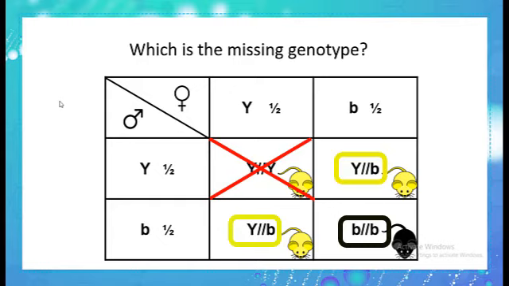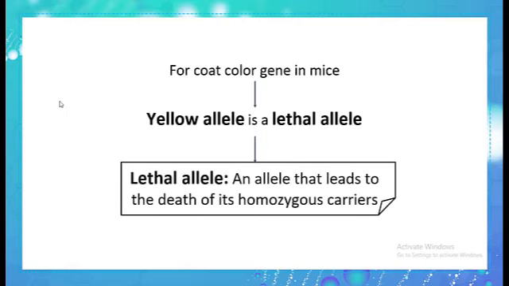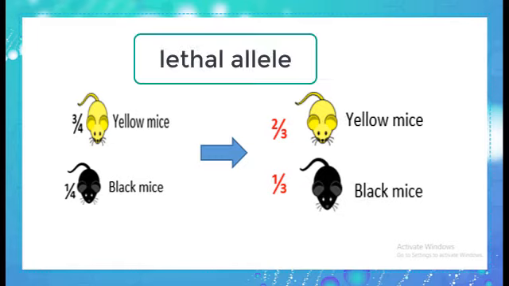But why are homozygous yellow missing? For the coat-color gene in mice, the yellow allele is a lethal allele. A lethal allele is an allele that leads to the death of its homozygous carrier. So, whenever you find missing proportions that you are familiar with, think of lethal alleles.